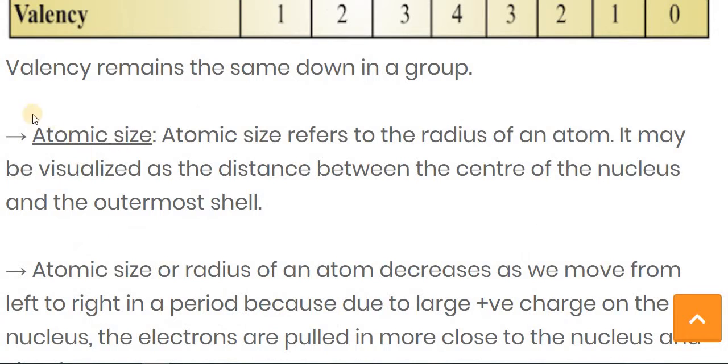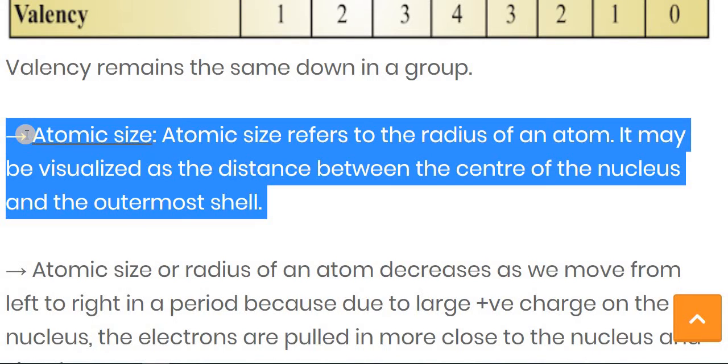The second characteristic we have seen is the atomic size. Atomic size means the distance between the atom's nucleus and the outermost orbit. So that we consider as a radius. The atomic size refers to the radius of an atom, and it may be visualized as the distance between the center of the nucleus and the outermost shell.